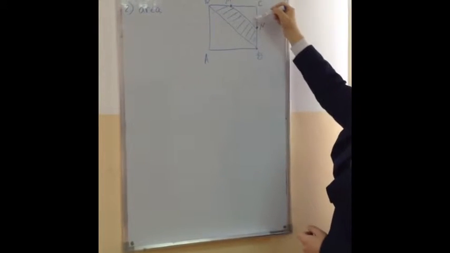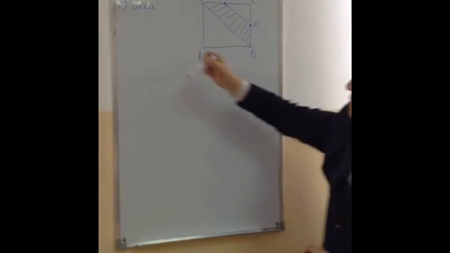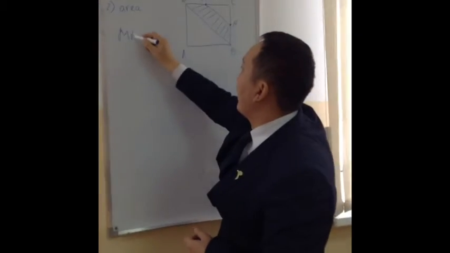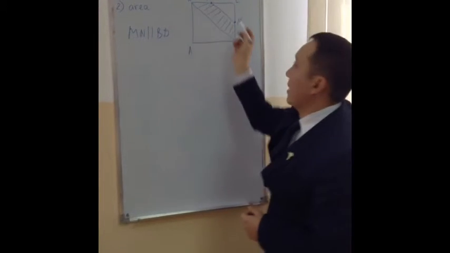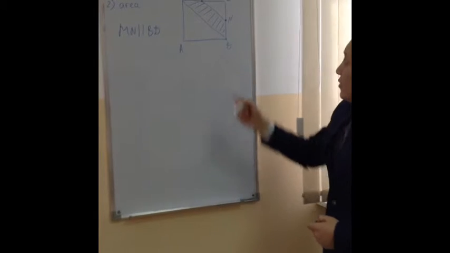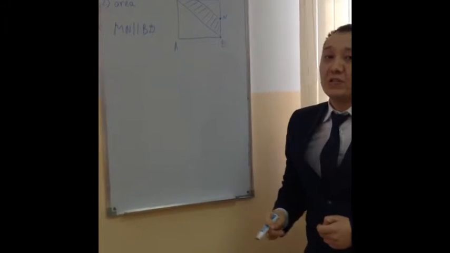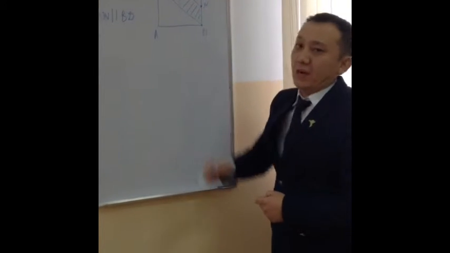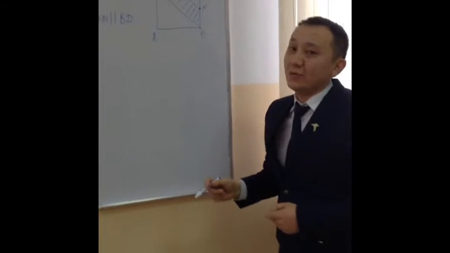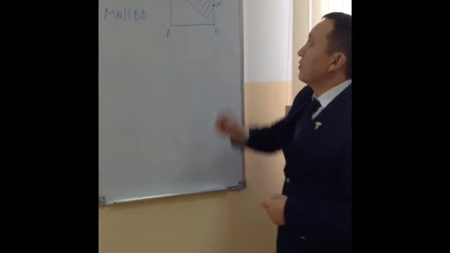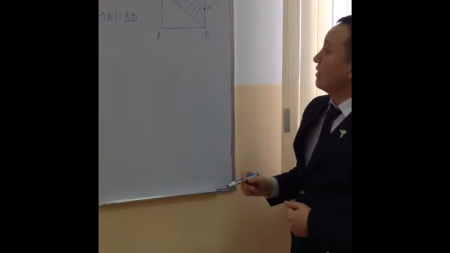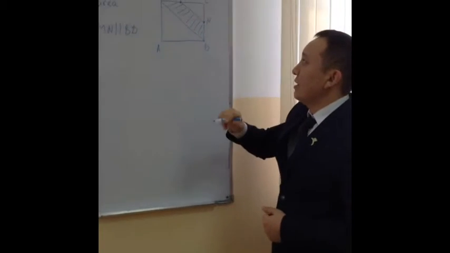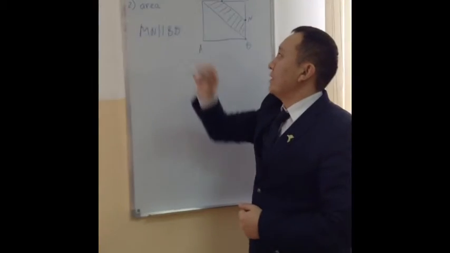So MN is parallel to BD. If two opposite sides of a quadrilateral are parallel, then we can conclude that this figure BMND is a trapezoid.